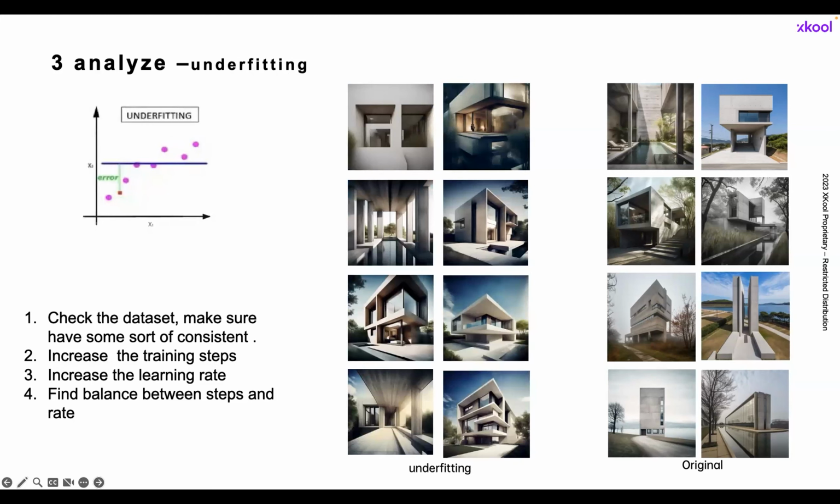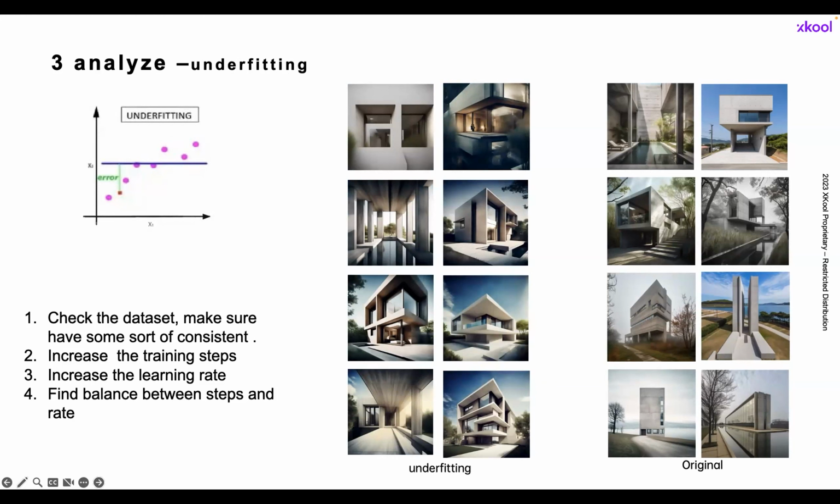For the underfitting situation, it's a totally more complex way. First, you have to check the data set. Just make sure you have some sort of consistency. So you cannot put some concrete buildings and some glass buildings or some steel, metal, or other buildings together to train a concrete style.